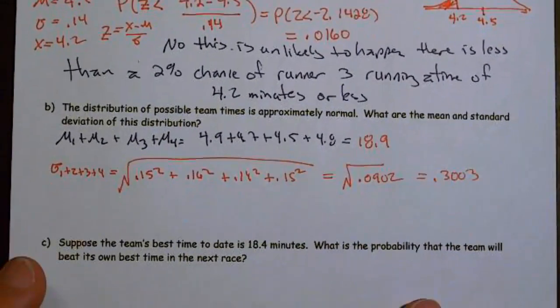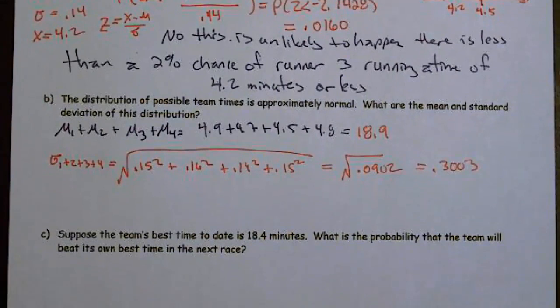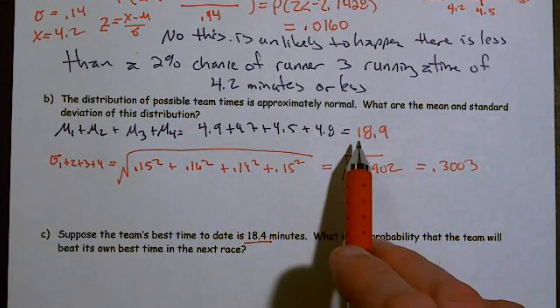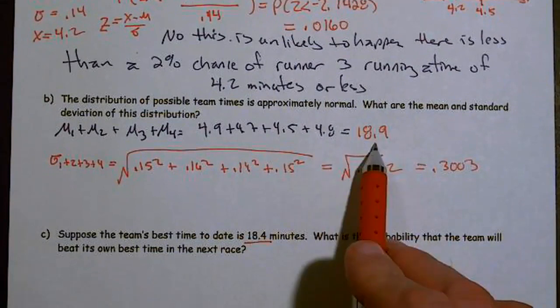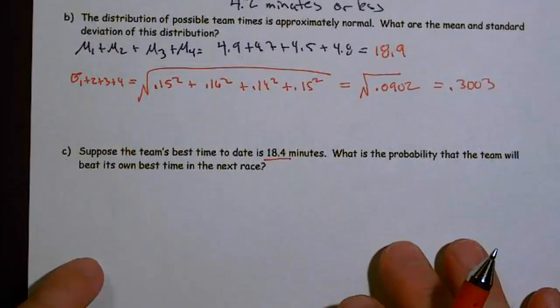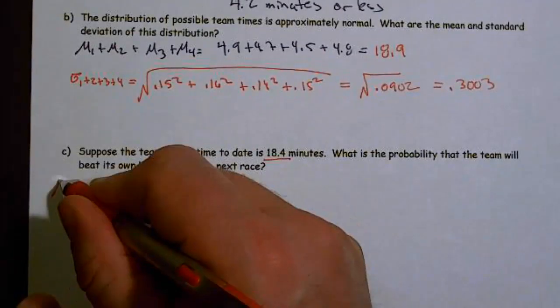Suppose the team's best time to date is 18.4 minutes. So their best time is 18.4, but we expect them to run at 18.9. What's the probability the team will beat its own best time? Once again, because of part B, we know we're working with a normal.